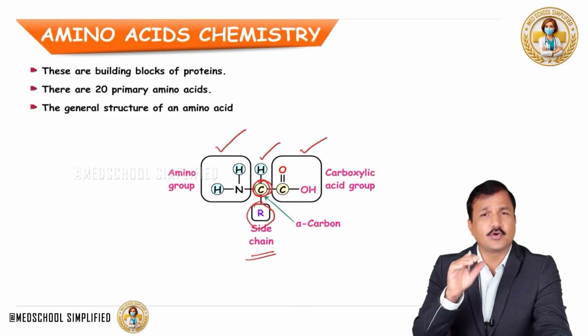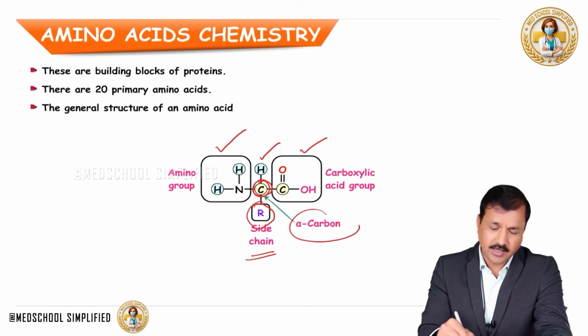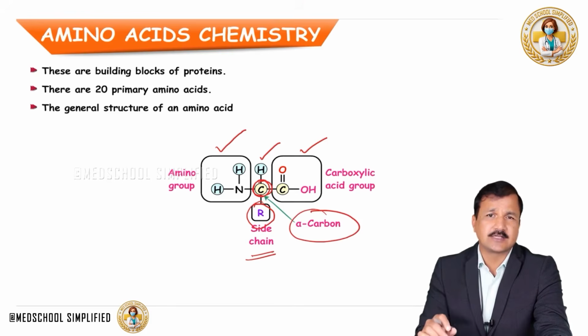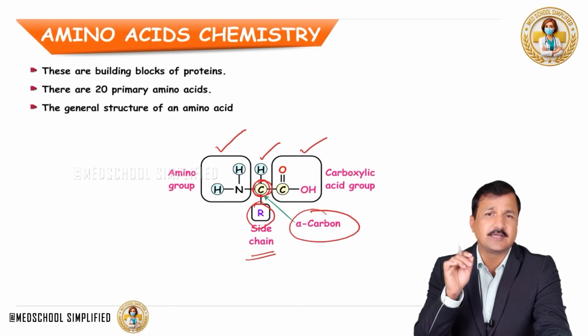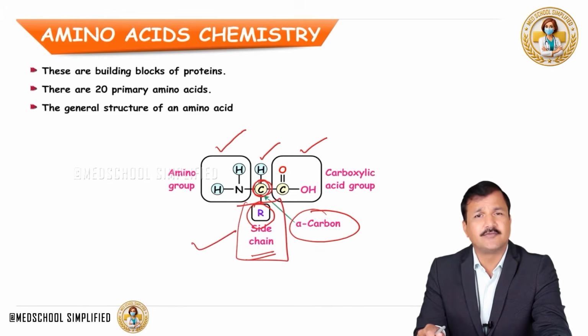So these are the 4 groups that are attached to the alpha carbon. This is the alpha carbon, which is the central carbon in an amino acid. Every amino acid has got this arrangement. The only difference between each amino acid is this R group, which is the one that changes in every amino acid. That makes amino acids different.